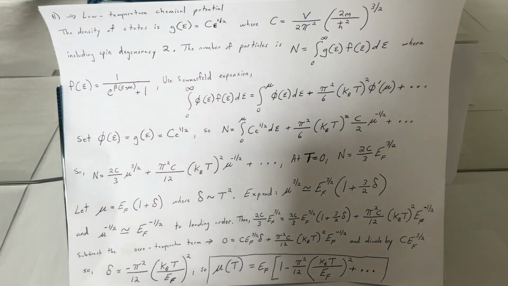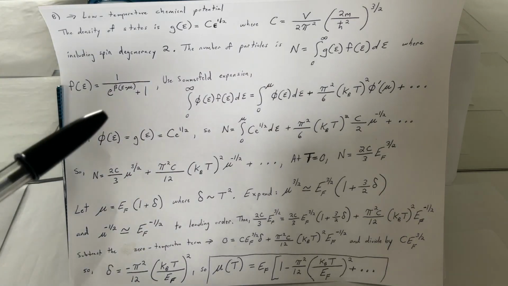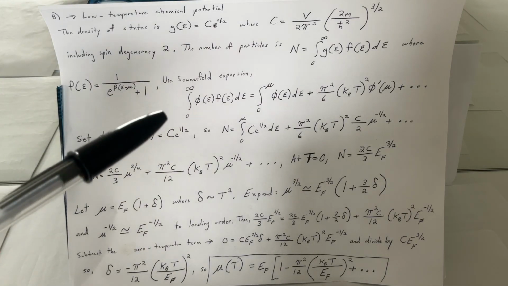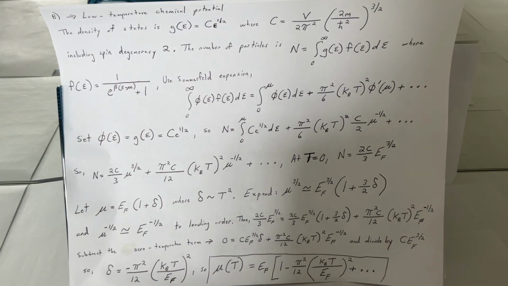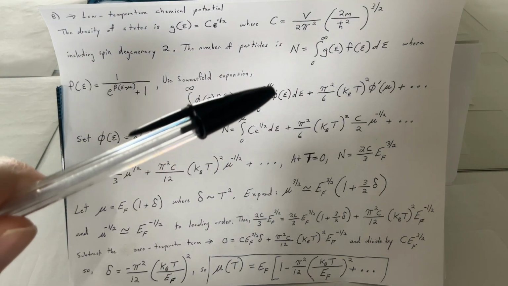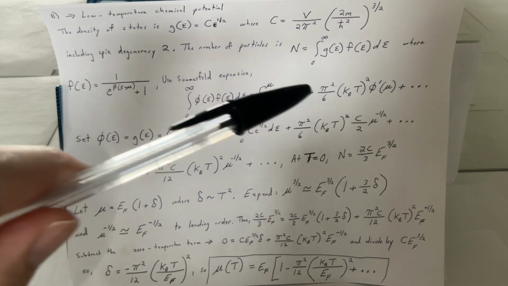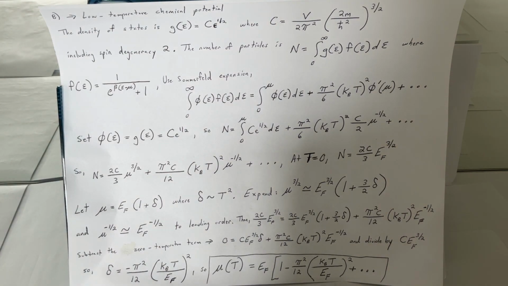So using the Sommerfeld expansion, the integral from 0 to infinity of phi of epsilon, f of epsilon, d epsilon equals the integral from 0 to mu of phi of epsilon d epsilon, plus pi squared over 6, k sub B T squared, phi prime of mu, plus higher-order terms.